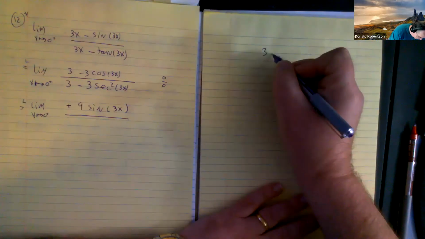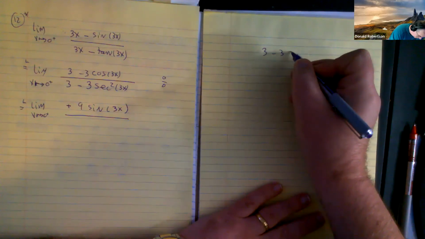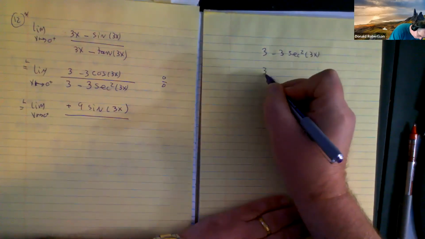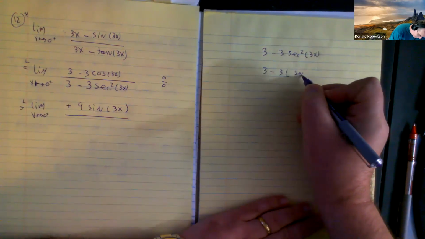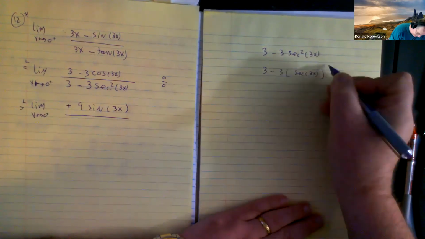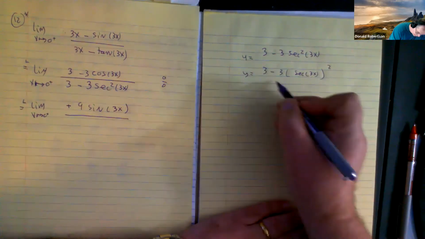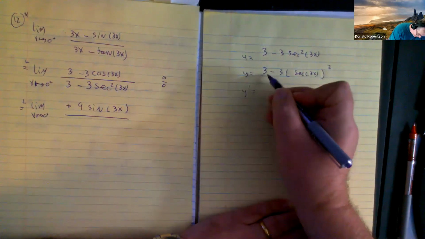I want to differentiate that guy. I'm going to column that guy. So you want to differentiate this. That gets you 0.